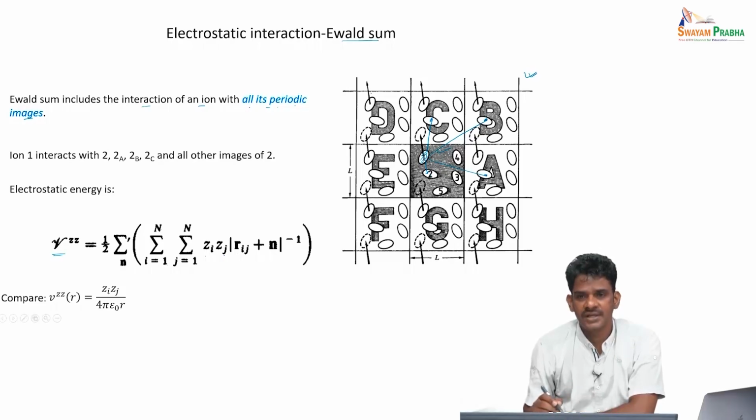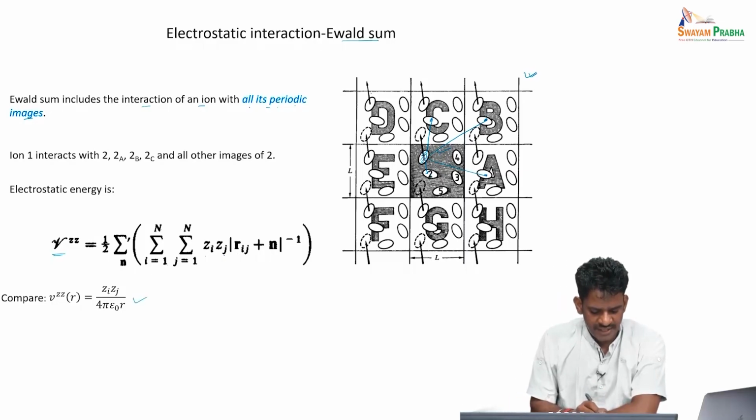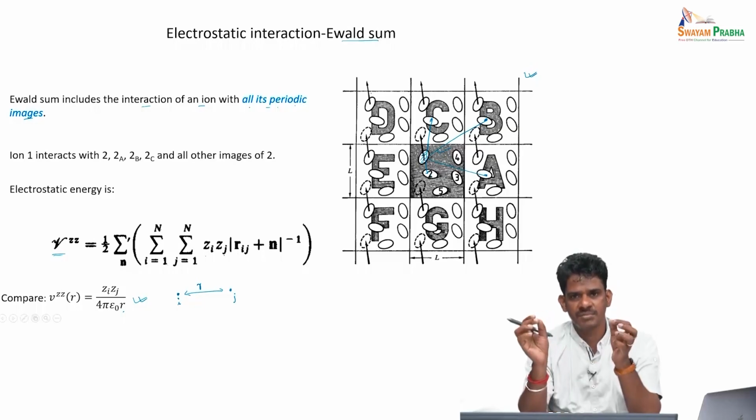Now this expression may look a little different from what we understand as Coulombic interactions, because Coulombic interactions we typically write in this form. If I have an ion i and another ion j, and the interparticle distance here is r, then the Coulombic interaction between this pair is given by Zi Zj by 4 pi epsilon 0 r, where r is this interparticle distance. This is for a chosen pair.